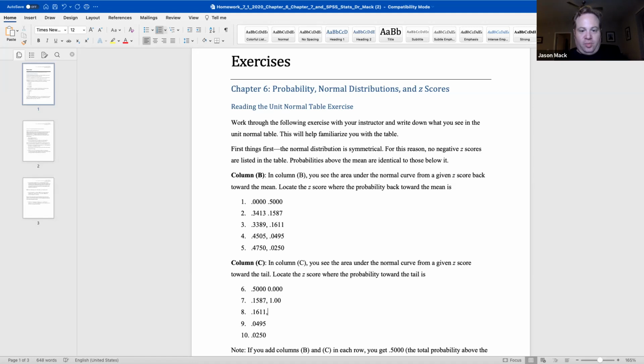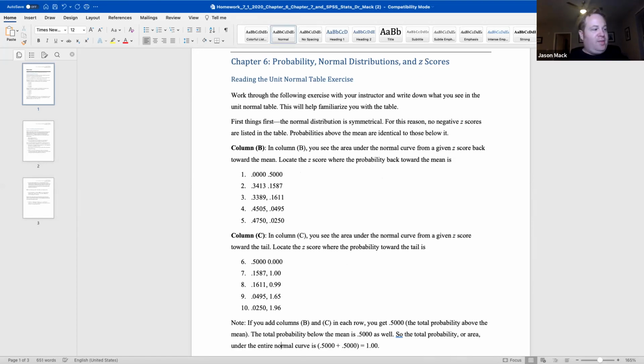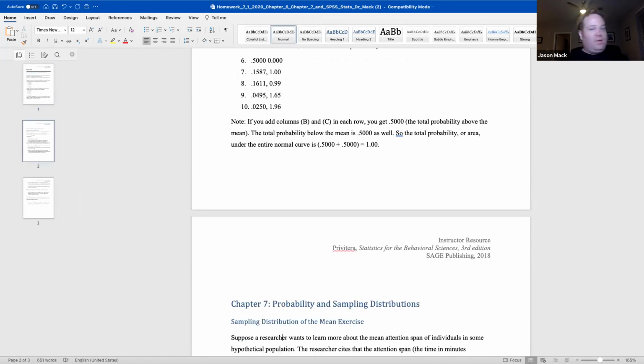Our next one will be 0.99. Our next one will be 1.65. So really the z-score we're looking at. Our next one will be 1.96. And that takes us through that.